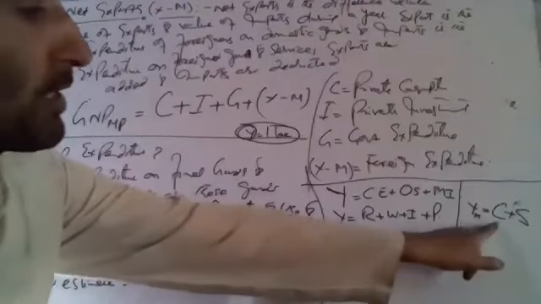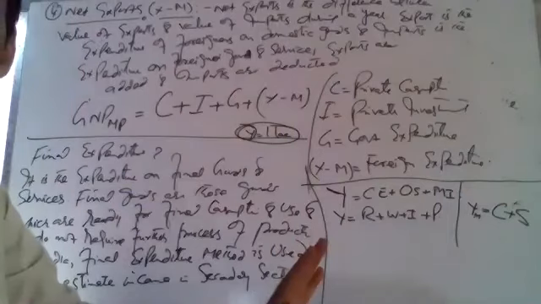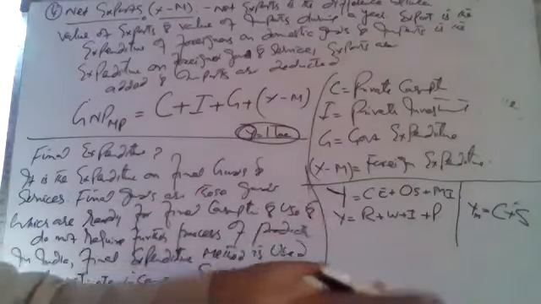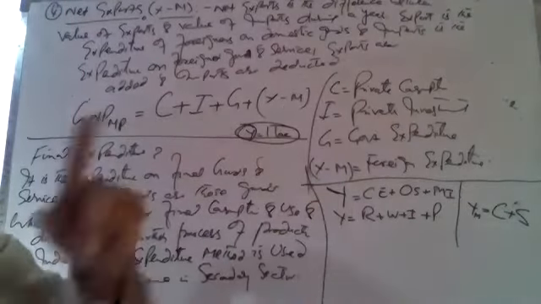So my whole income is equal to consumption plus saving.